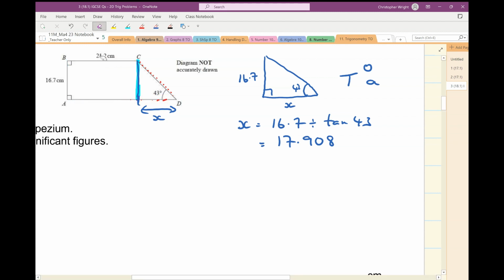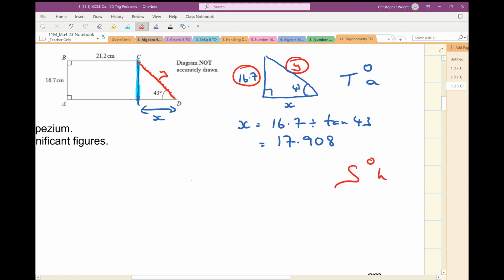Okay. Now let's come now to finding this length here. Well, that length there, that's just the hypotenuse of this top triangle. Look, y and y. So I could use the same triangle again. I can use the y and the 16.7 and the angle. So to find y there, I'm going to be using sine.